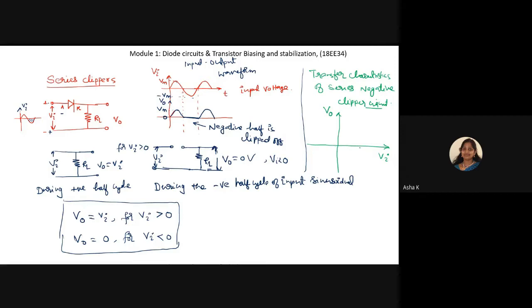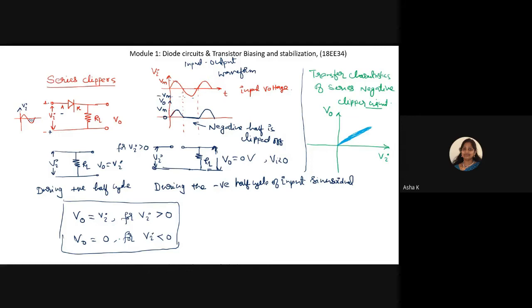For Vi greater than 0, whatever the V input is, that V input is coming at the output. Say V input is 1 volt, 2 volts, 3 volts, whatever may be the V input, I am getting that V input here. That's why I'm drawing a straight, linear line.